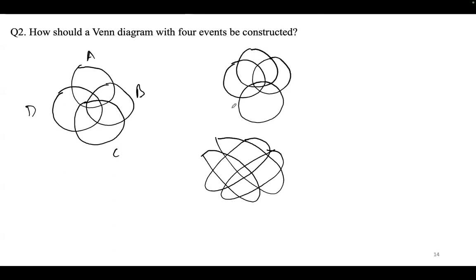You need all the 2-way intersections, all 3-way intersections, the 4-way intersection, and so on. For 4-way intersection, these ovals are used. For 5-way, it's not a proper shape. Just try to give it a search, and you'll see that 5-way, 6-way Venn diagrams are no longer circles. Okay. All right.